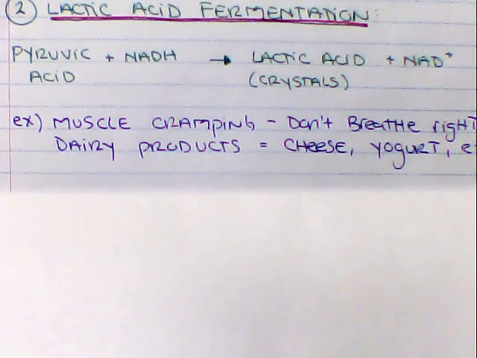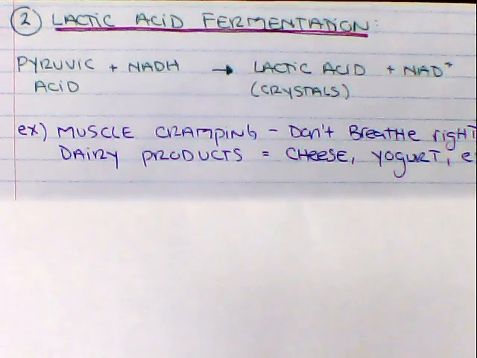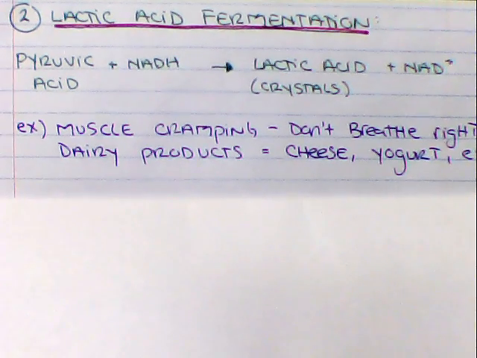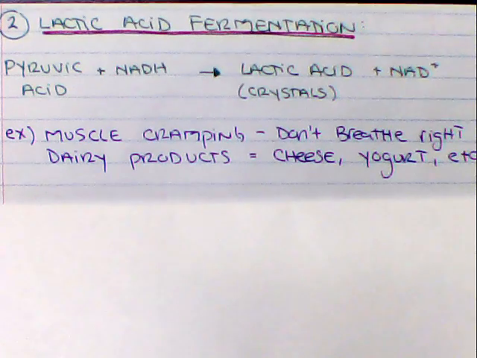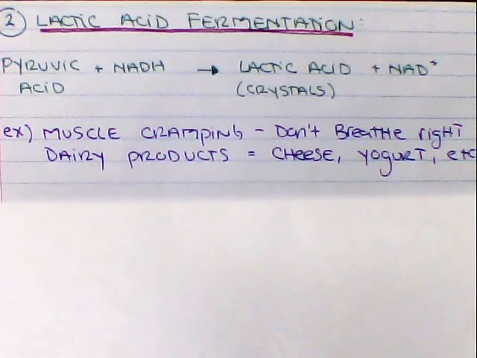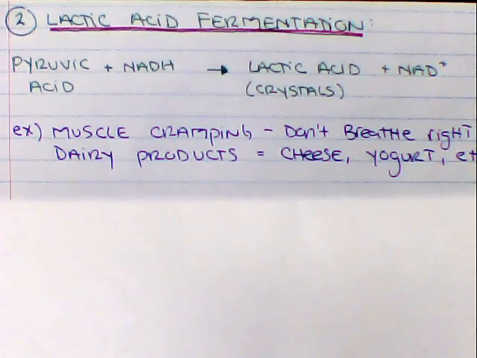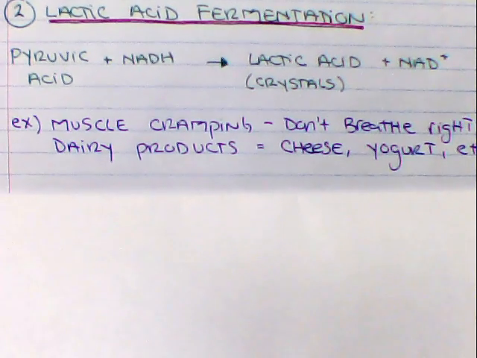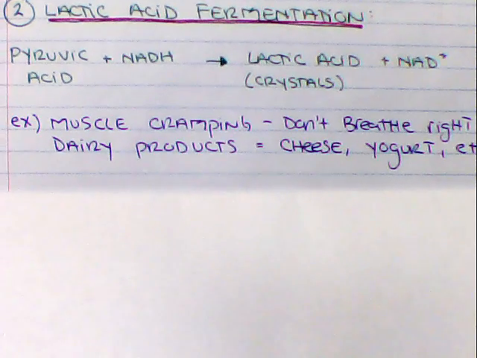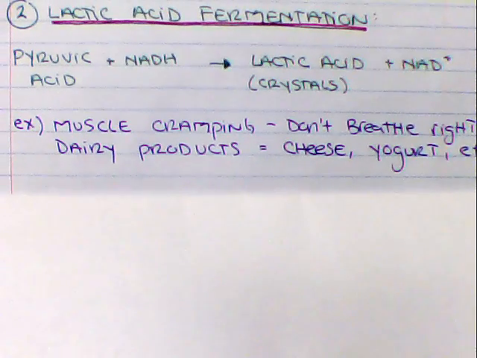And so again, we get a little bit of energy, but not as much as we would like. Lactic acid, again, happens in your muscles, so it's a type of protein. So if you don't breathe right, you're going to get those crystals. If we take lactic acid and stick it inside, say, milk or cheese, we can actually end up making dairy products such as yogurt.